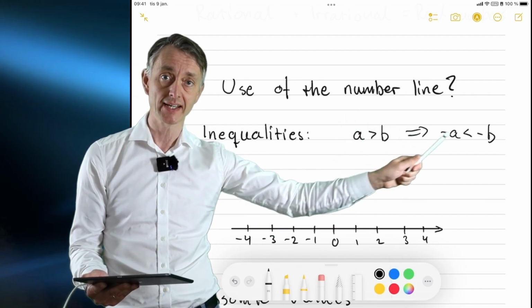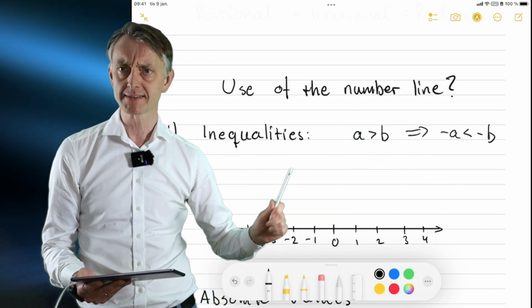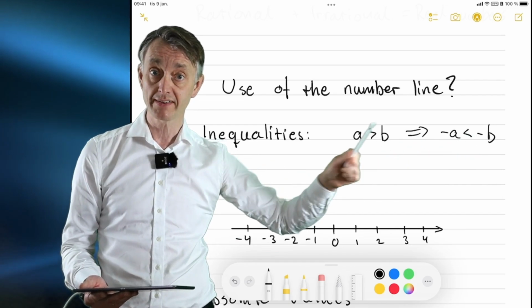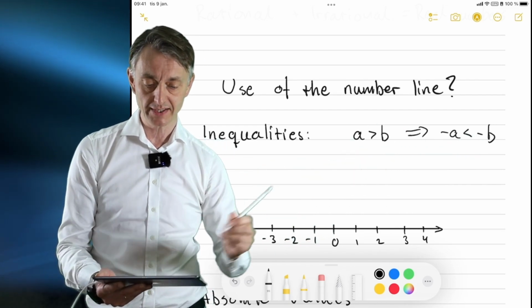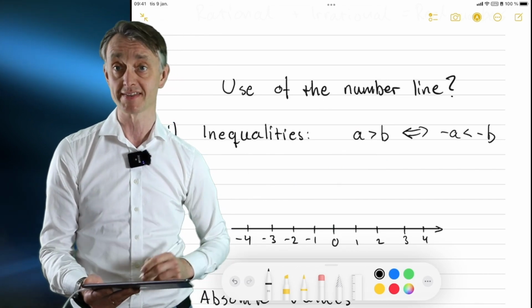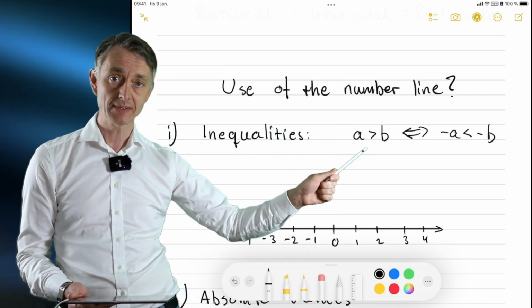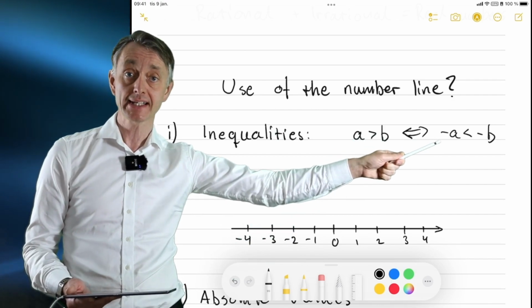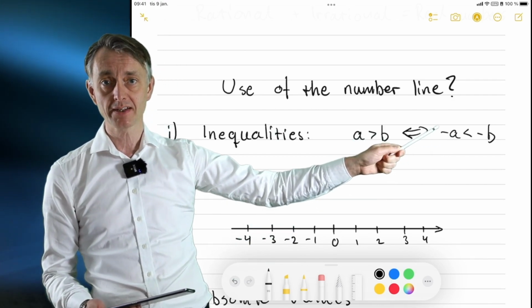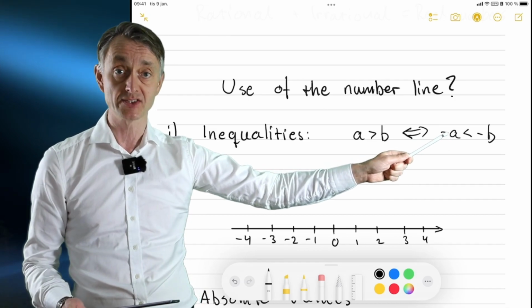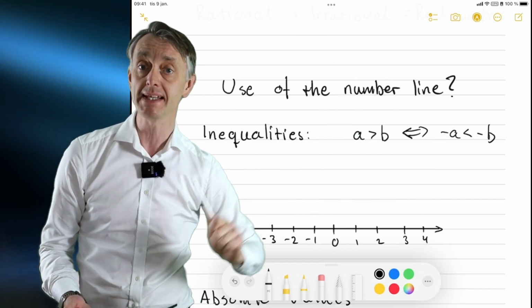If this is true, then that is true. But we can also see that if this is true, then that is true. So this arrow here can in fact be written as an equivalence arrow. Right. So anyway, some number A is bigger than B, then the negative correspondence of A is then smaller than the negative correspondence of B.